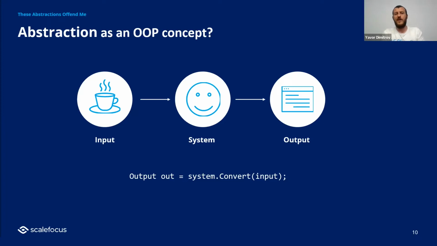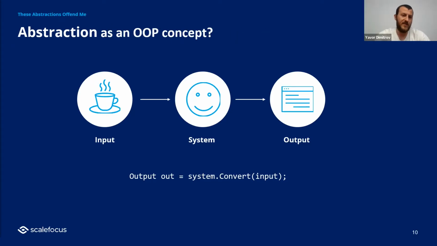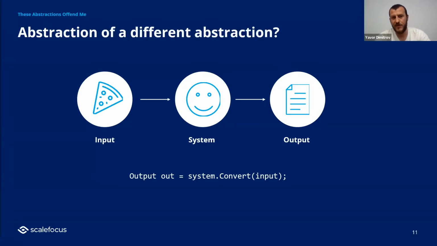So you generalize about those terms or those objects, and this makes your system a bit more flexible because you can use the exact same code but have different results. So for example, if you give the developer a pizza, maybe they will create some documentation for you. And you can see in both cases, having coffee and having pizza, the code is actually the same. So we don't change the code.